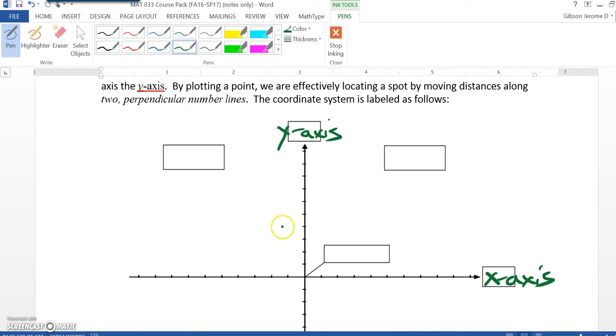Now, we have this point here where the x and y-axis meet. It's called the origin. And this ordered pair is 0, 0. This is when the independent and dependent variable are both 0, or x and y are both 0.